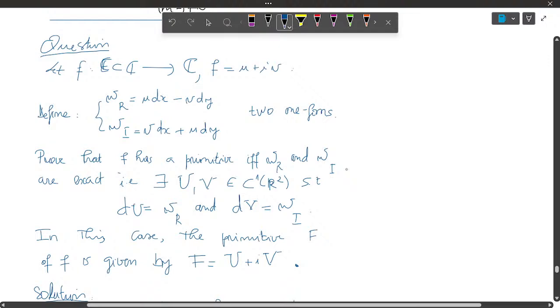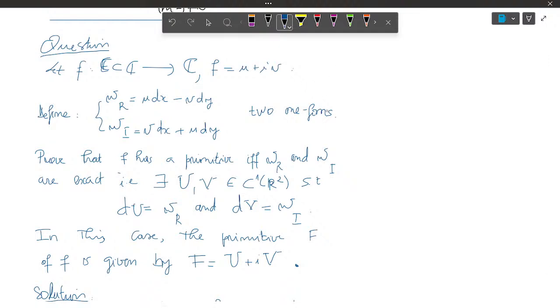So in this exercise, we're going to solve a question of complex analysis.